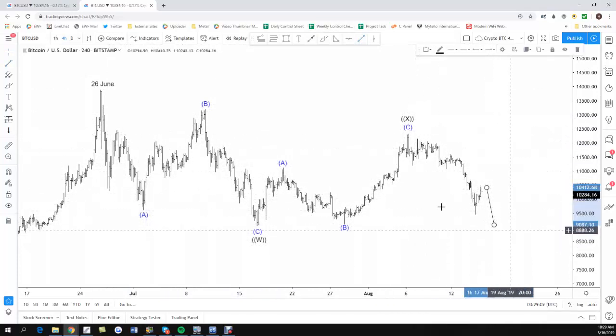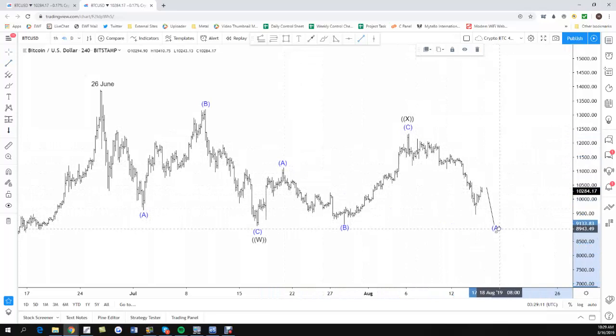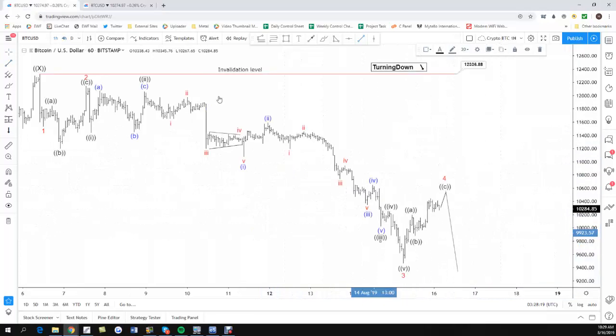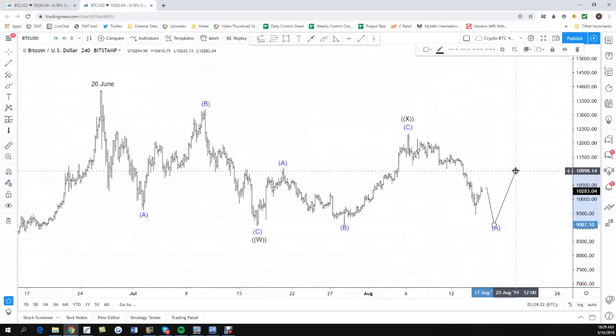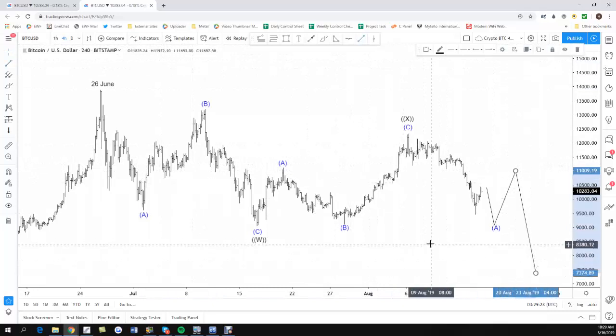You want to have 5 waves down to end the A. This 5 waves in the red is going to end the A in the blue, and then you will have a B bounce to correct the 5 waves, and then another leg lower afterwards, like this.